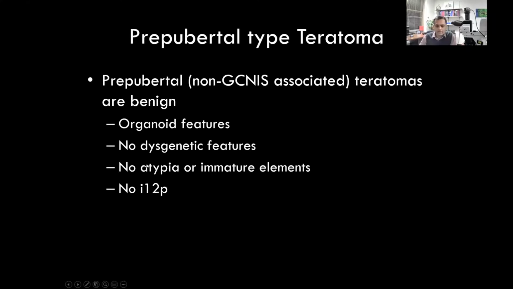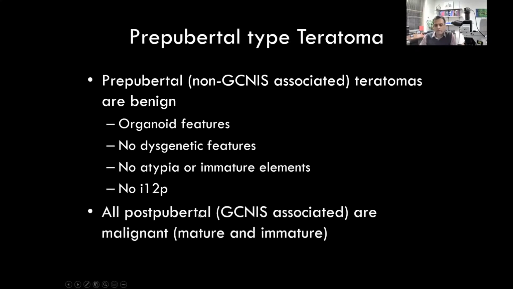And they do not have any dysgenetic features in the adjacent testis, such as fibrosis or scarring or microlithiasis or atrophic tubules or Sertoli-only tubules. They do not typically show that. And among the teratomatous elements, there is no atypia in the cells, and there are no immature elements. And obviously, they do not have the isochromosome 12p mutation.